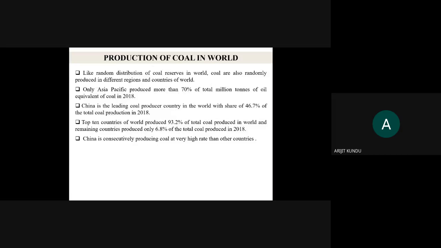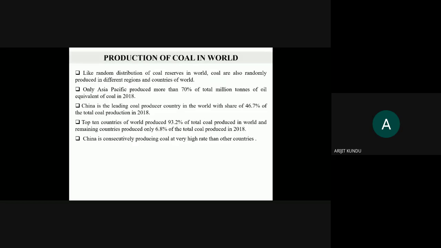Now the production of coal in the world. Like the random distribution of coal reserves in the world, coal is also randomly produced in different regions and countries of the world. China is the leading coal producer country in the world with a share of 46.7%. This is big data. You can see that around 50% of the coal is produced by China.